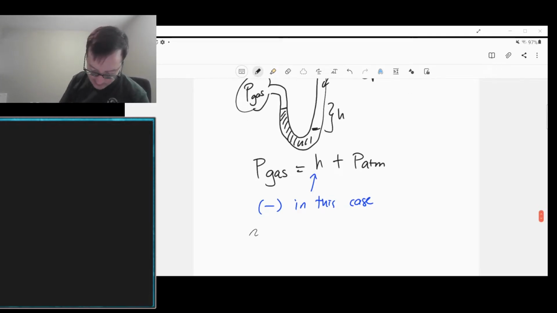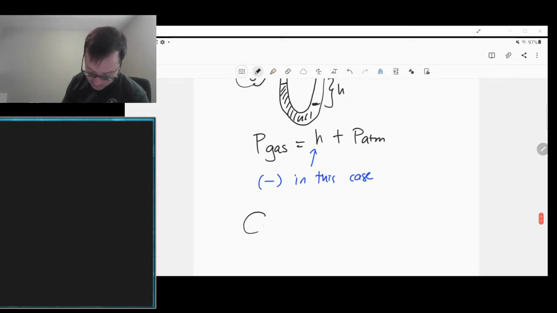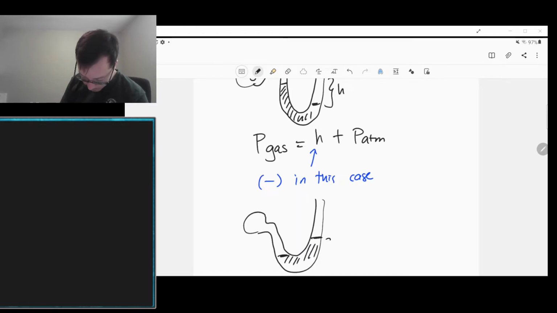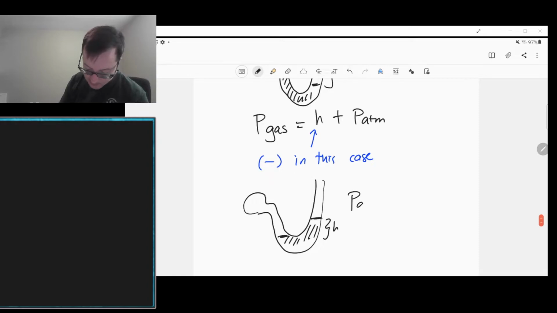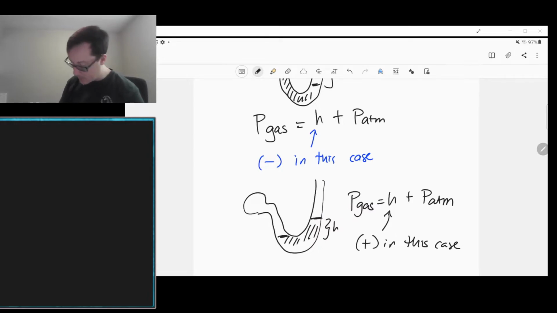And so if your gas has higher pressure than the atmosphere, again, the pressure of your gas will be equal to the height plus the pressure of the atmosphere. And in this case, H is positive. So you'll just use whichever one is the logical one.